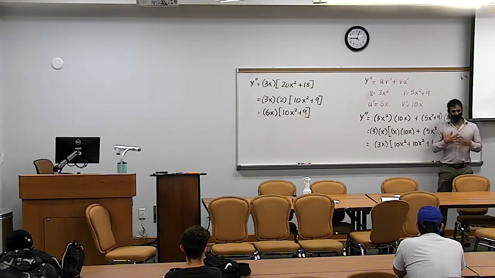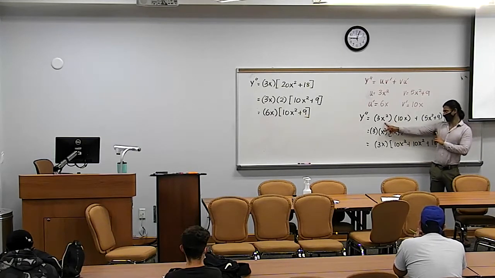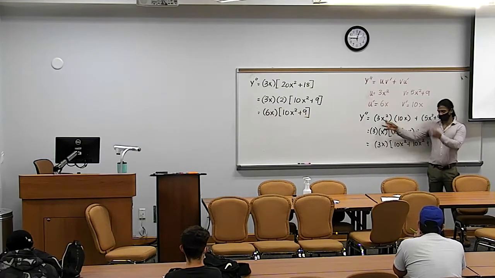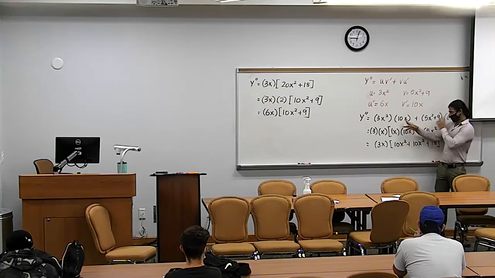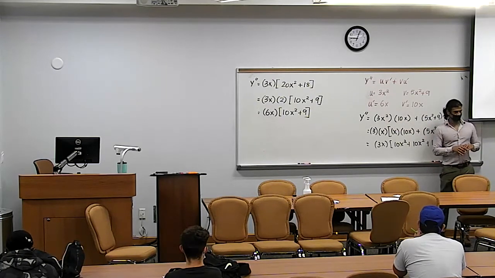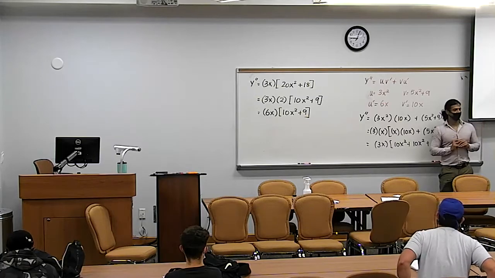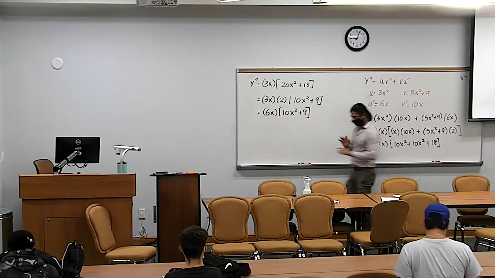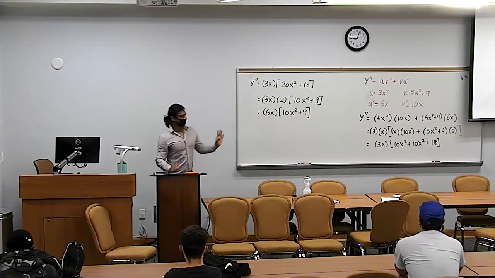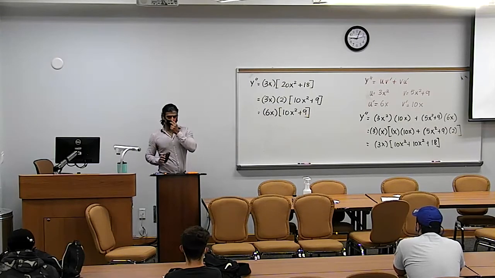X squared has x in it, correct? So you could either pull x from the x squared term, or you can pull the x from the 10x. It just depends on which one. It's a matter of choice again, as long as you pull the common factor out. Any other questions before we move on? Okay.